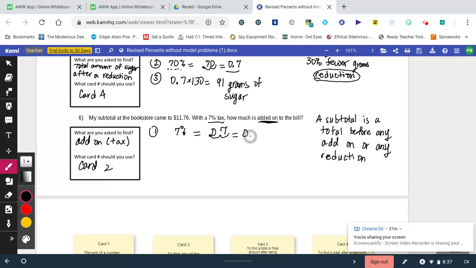Make sure you fill in that empty space with a 0. Then you're going to take this decimal and multiply it by the number that's given, which is $11.76. So take 7% or 7 hundredths and multiply it by $11.76. And you get this number.